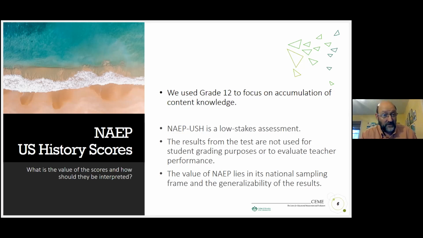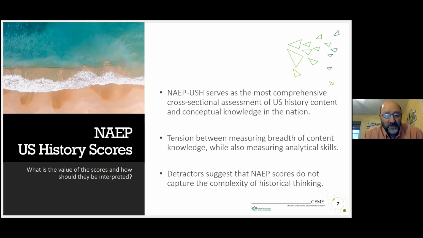Rather, the value of NAEP, again, just to review a little bit, lies in its national sampling frame and the generalizability. In other words, whatever it's measuring, it's doing so in a nationally representative and large scale way. So it serves as the most comprehensive cross-sectional assessment of US history content knowledge, and I guess you could say conceptual development, that there is in the nation.